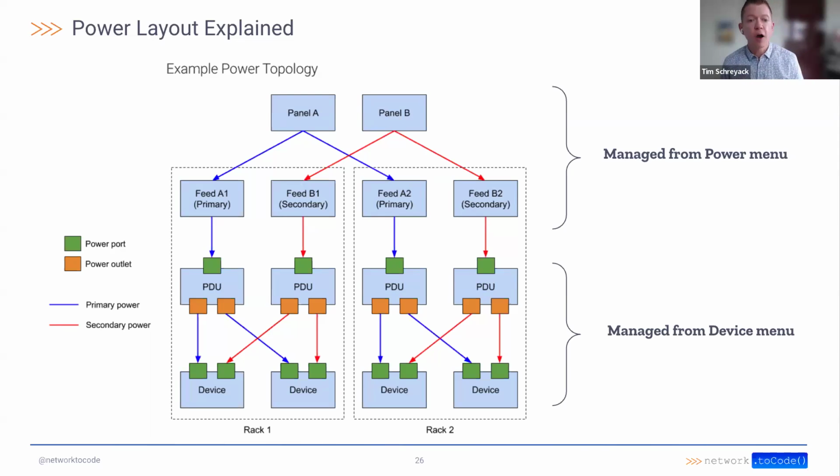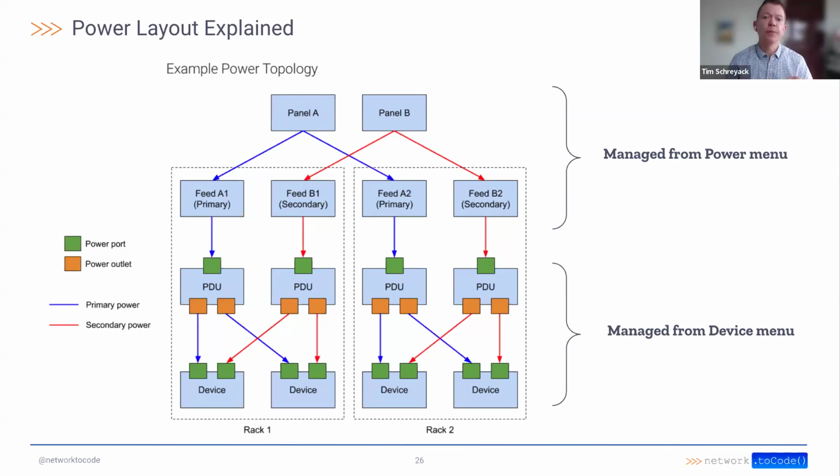Each of our devices is typically connected in some way to the A side and the B side. So we're basically making sure we're able to take this real world scenario, which is that we feed power from our panels into our PDUs, and then our PDUs in turn feed power to our devices. We're able to then take that concept and represent this here in Nautobot.